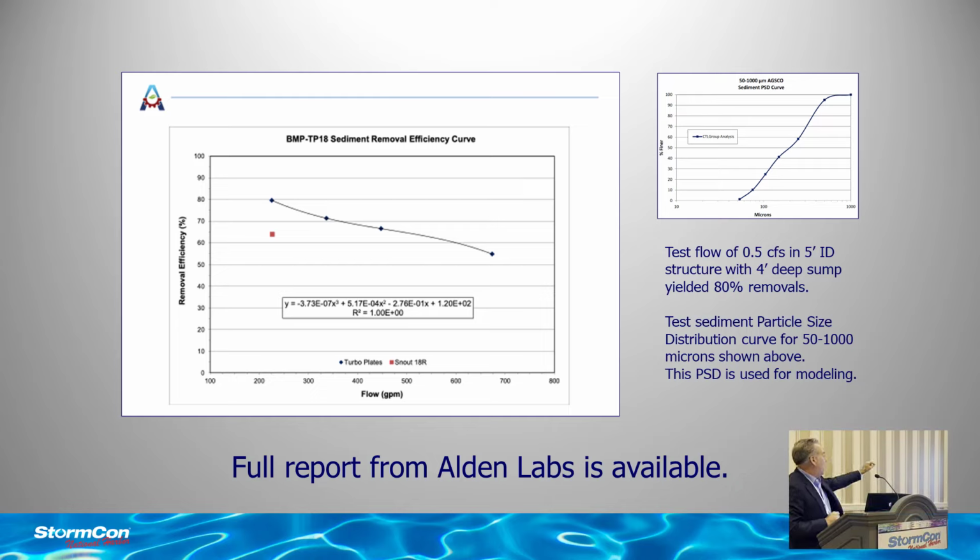Basically, the particle size distribution of what we tested was from 50 to 1,000 microns, and that's what we calibrated our model with, and that's what was actually tested. And then the test flow was half a CFS in a 5-foot ID structure with a 4-foot deep sump, and that yielded 80% removals.